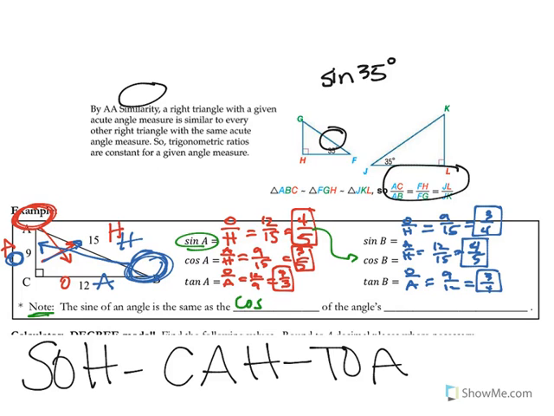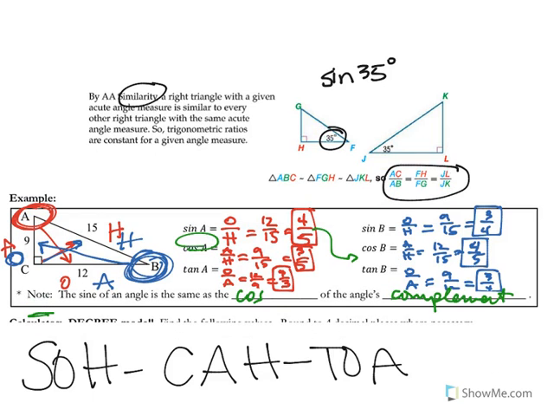They are complements because they both add up to 90. A plus B equals 90 because in a right triangle, A, B, and C all add up to 180, but we already know C is 90, so A and B together have to be 90 as well.